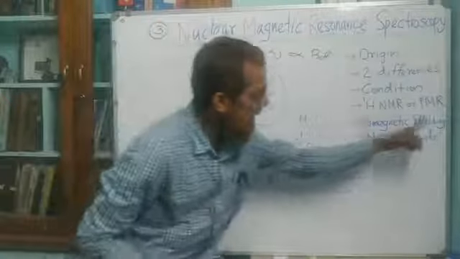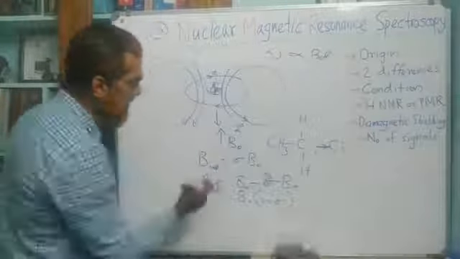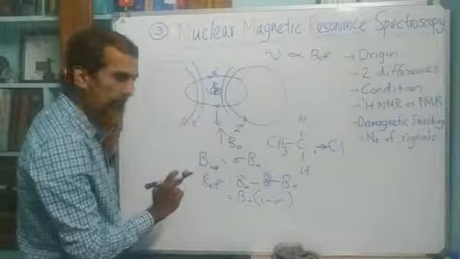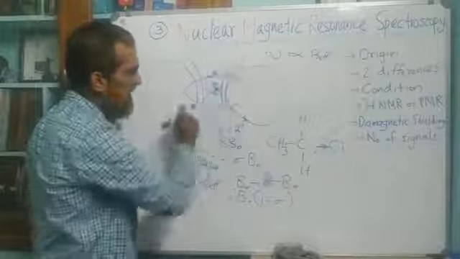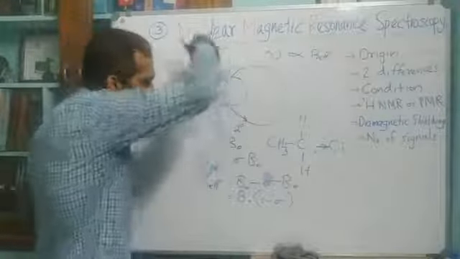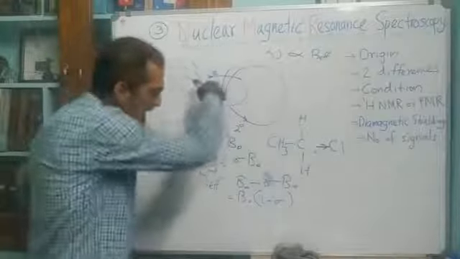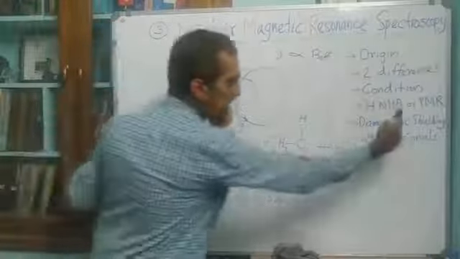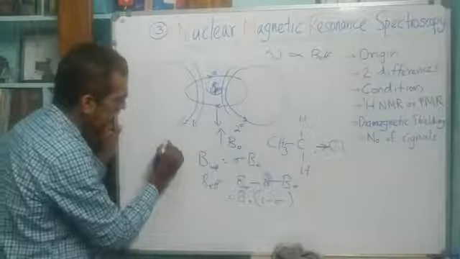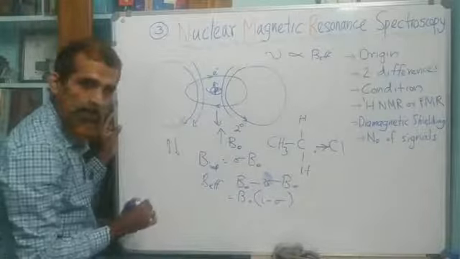This is called diamagnetic shielding. Why? Because you are applying this external magnetic field, and the secondary magnetic field due to the circulating electron is opposing it. So it is shielding the applied field. That is why it is called shielding. And diamagnetic: when they are in the opposite direction, we call it dia.